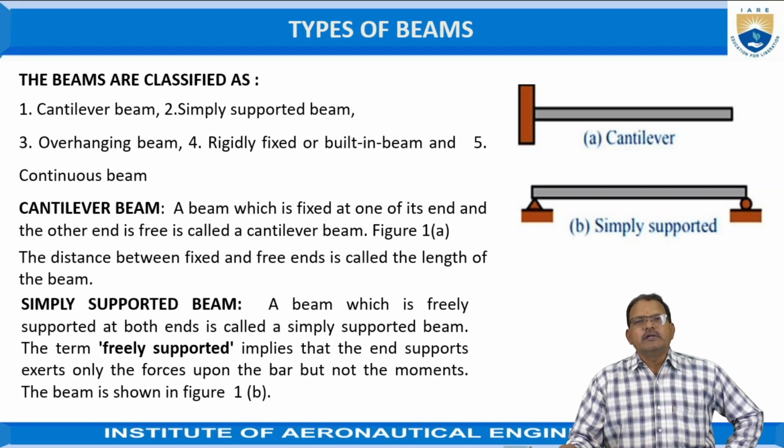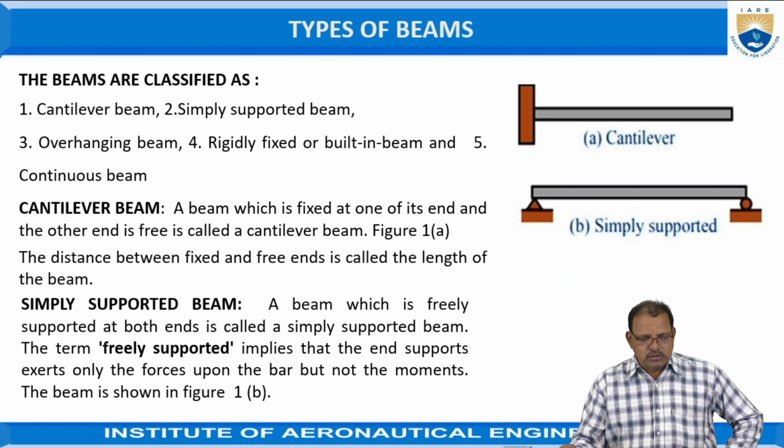The beams are classified based on whether one end or two ends are fixed, or depending on the supports which keep the beam in horizontal position. These are cantilever beam, simple supported beam, overhanging beam, rigidly fixed or built-in beam, and continuous beams.